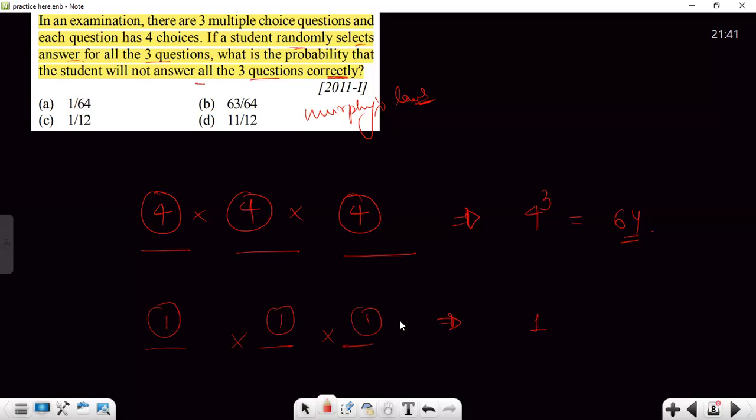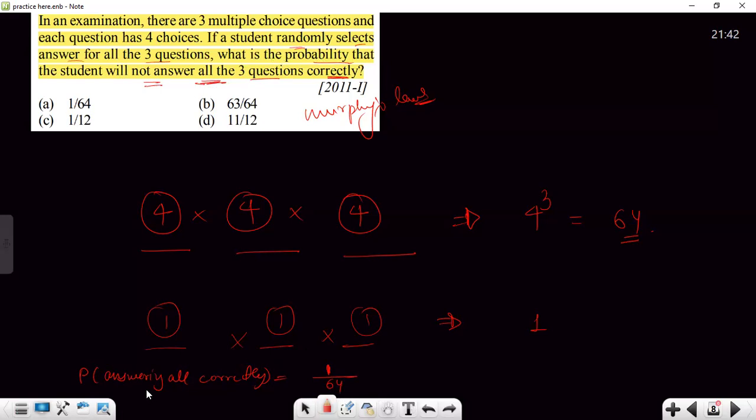Okay. So first let's find the probability of answering all correctly. It will be 1, that is the favorable number of ways, by the total number of cases that are possible. This is the probability of answering all the questions correctly. But here we need to find the probability that he will not answer all three questions correctly. So it's just the opposite, right?